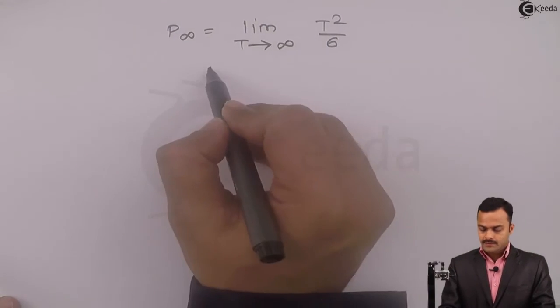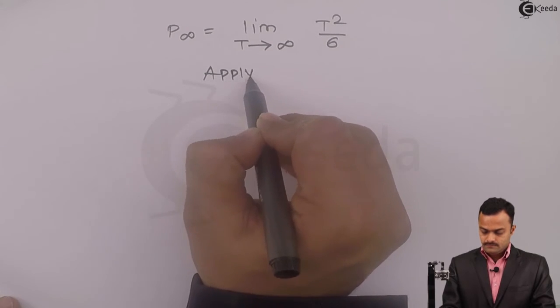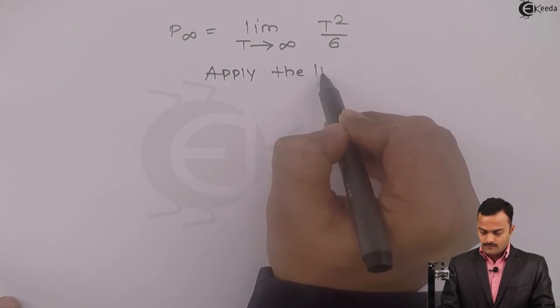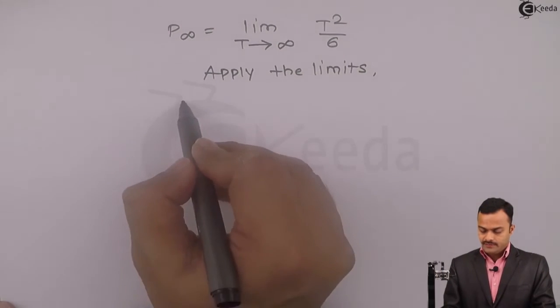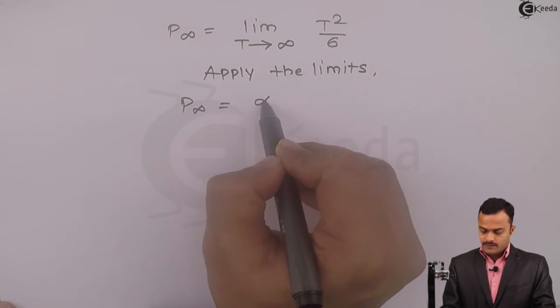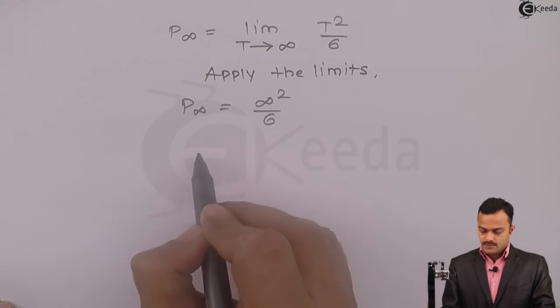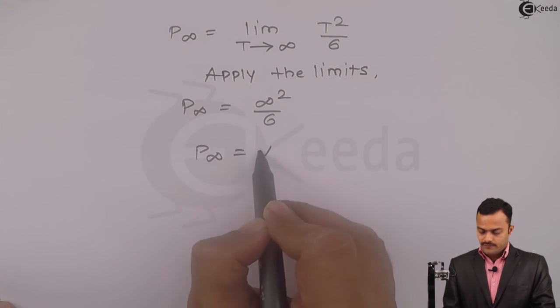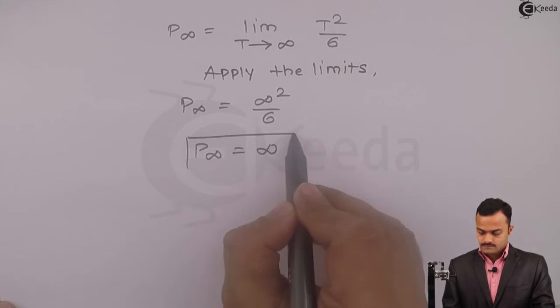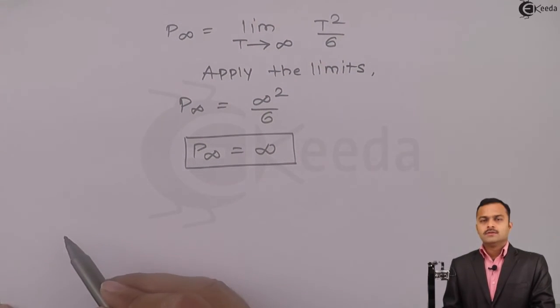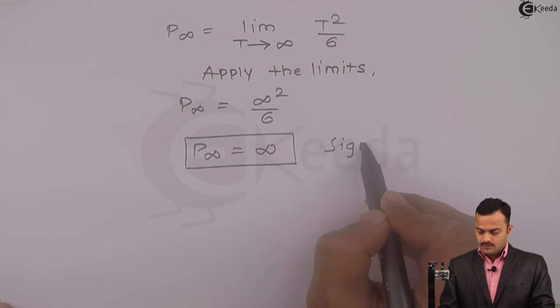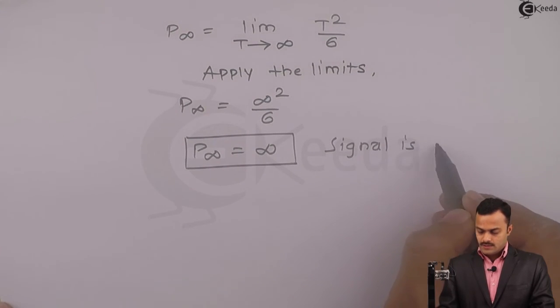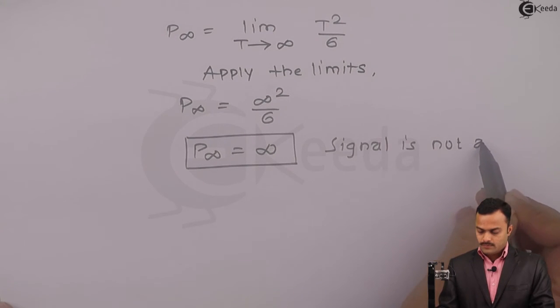If I apply the limits, meaning wherever there is t, I will put infinity. I will get infinity square by 6, which is nothing but infinity only. Since the power is infinite, I can say the signal is not a power signal.